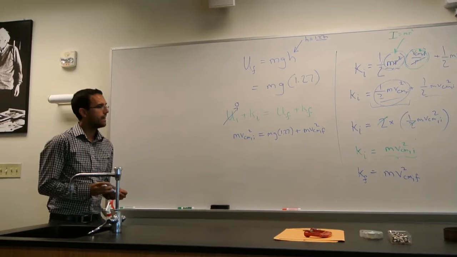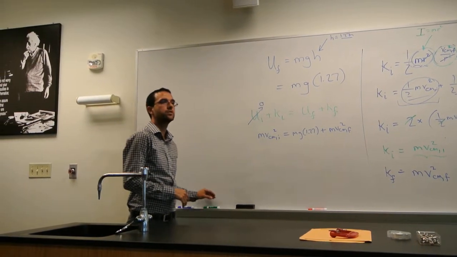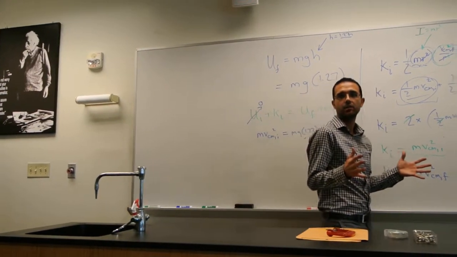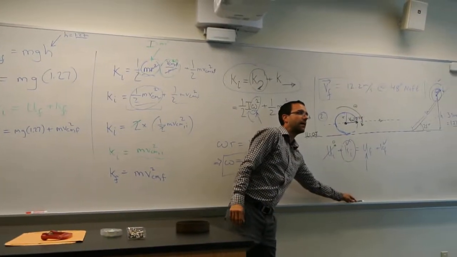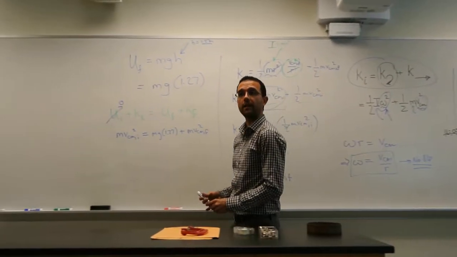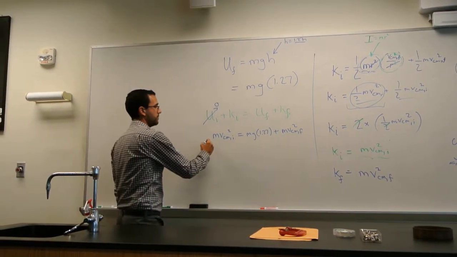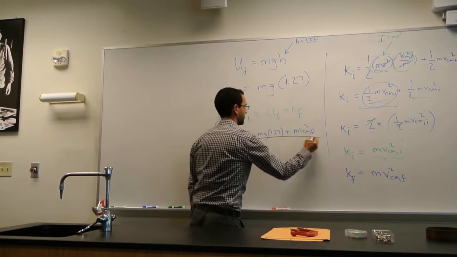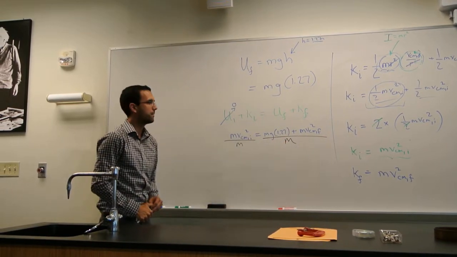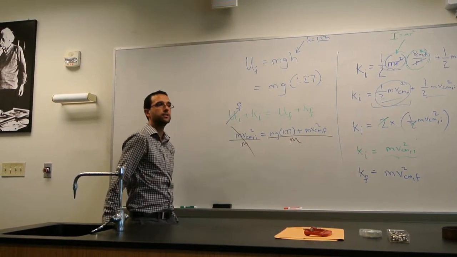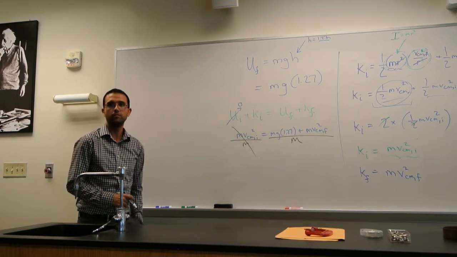Now you notice that every single one of those terms has an m in it, right? Does everybody see that? So I can divide through, since m is a non-zero quantity, I'm allowed to divide by it. So I can divide both sides by m. What that means is that m over m is 1, since m is not equal to 0.